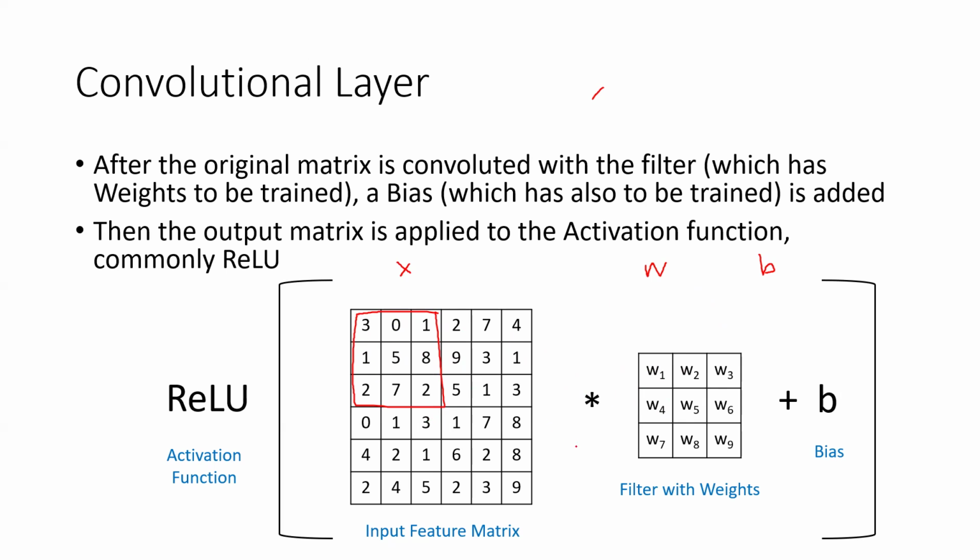Finally we add all these values with b, the bias value, right? So this whole thing can be represented as x transpose w, plus b, right? Then it can be applied to the ReLU activation function, where you will get the final result of this convolutional layer, right?